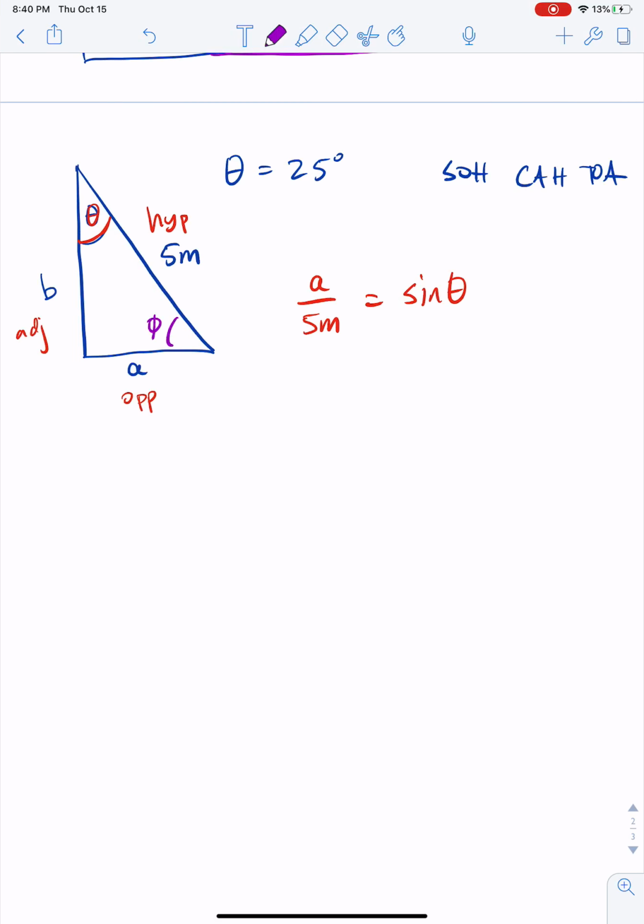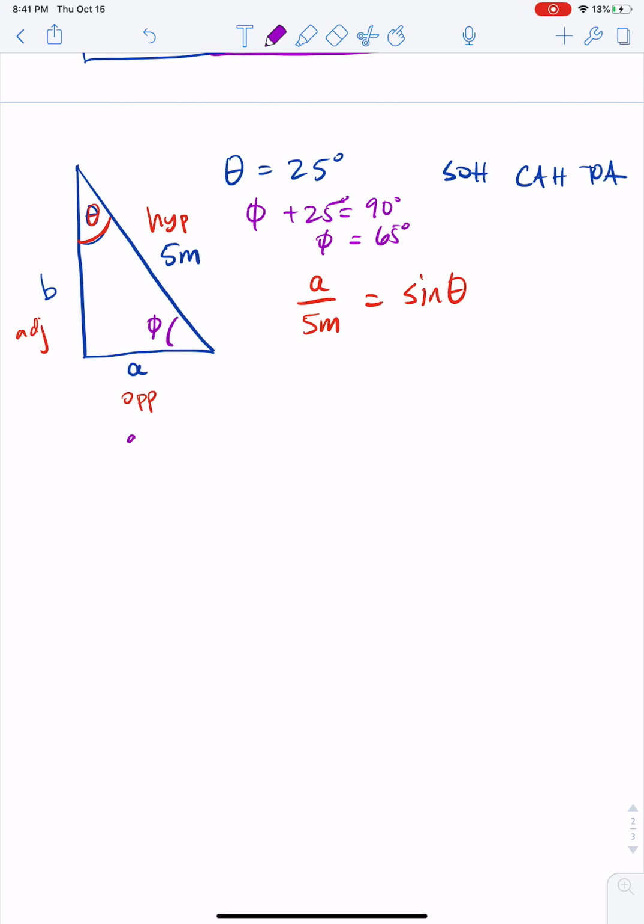So if my angle theta is 25 degrees, we know that phi plus 25 degrees equals 90 degrees, and my angle phi then is going to be 65 degrees, okay? And I can use this just as well with my trig functions, but now all these sides need a different label.